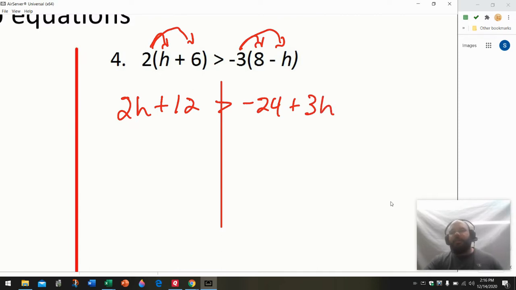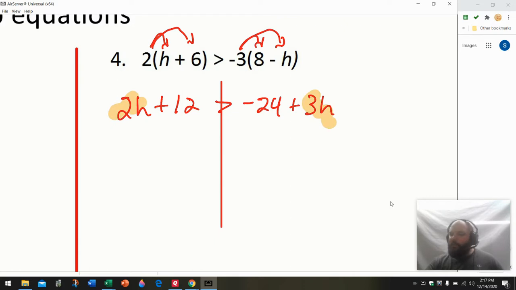So I distributed on the left, I distributed on the right. Then I'm going to check, are these like terms and can they be combined? The answer is no. On the right, are these like terms and can they be combined? Once again, the answer is no. So what we're going to do is get our variables all to one side.